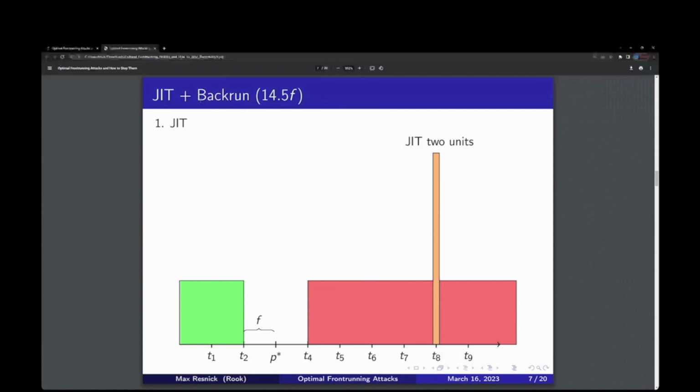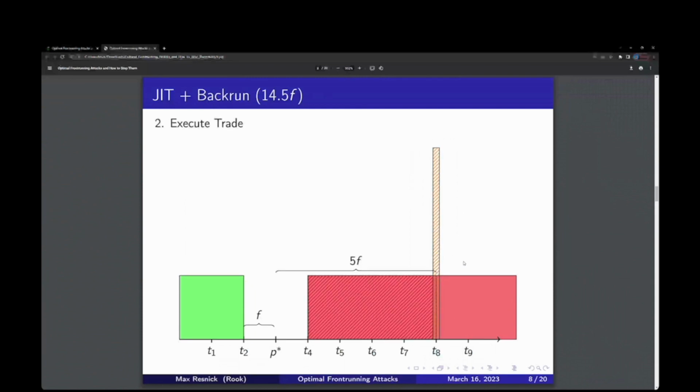So here's a simple JIT plus back run. We just-in-time attack with 2 units exactly at tick 8 here. Now we execute the trade and it doesn't go all the way. It just goes until it hits the 2 units of just-in-time liquidity and takes those, instead of continuing on with the remaining liquidity at tick 8 and tick 9.